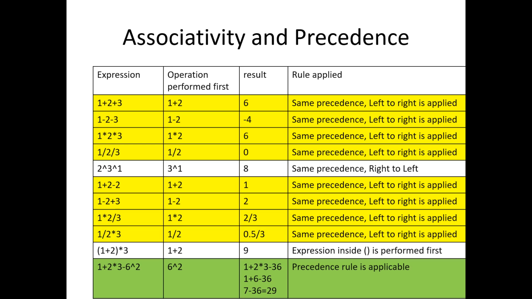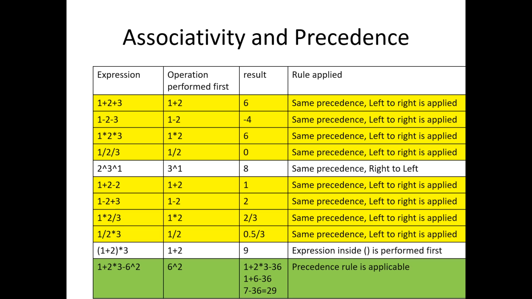In the next example, 1 into 2 by 3. 1 and 2 are multiplied because this is the leftmost, so this is performed first. The result is divided by 3. The precedence is the same, so associativity is considered, which is left to right.